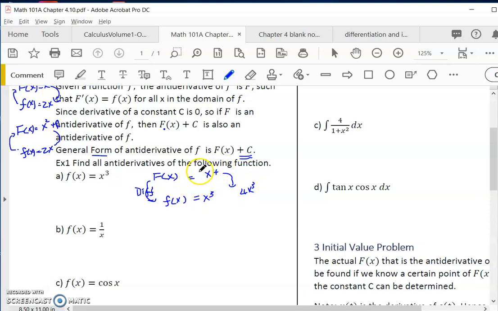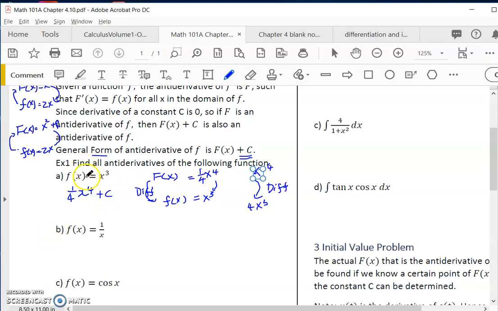If I have x to the fourth, my derivative is 4x cubed, so in order to get x cubed, it must be 1/4 of the original one. That's how you think about it. So the antiderivative is 1/4 of x to the fourth plus c. So you have to do some thinking.